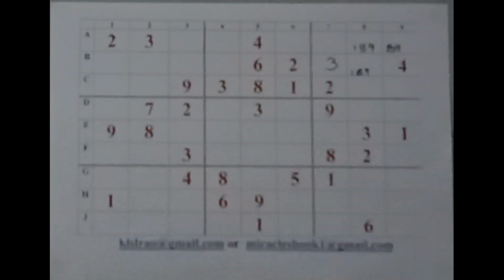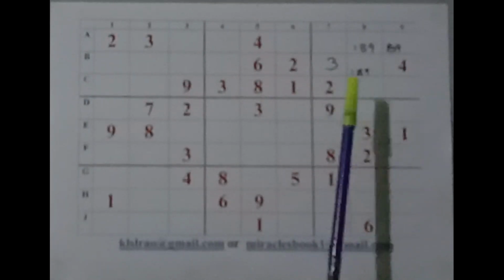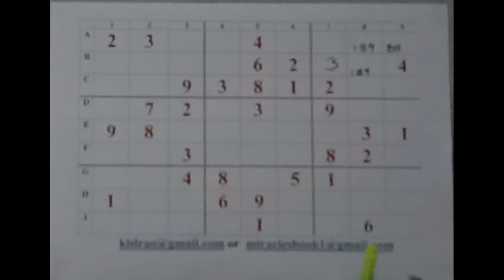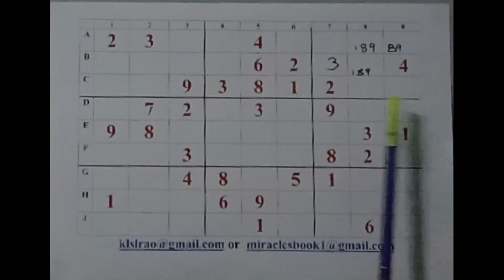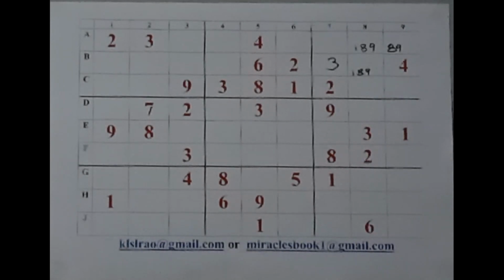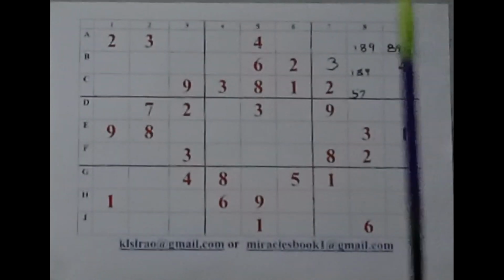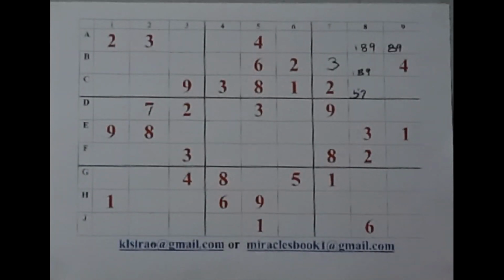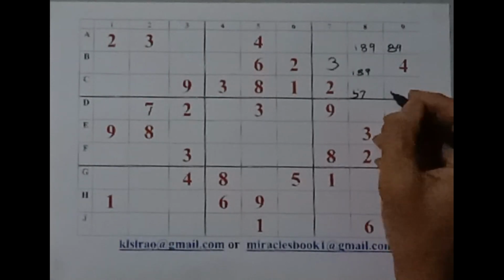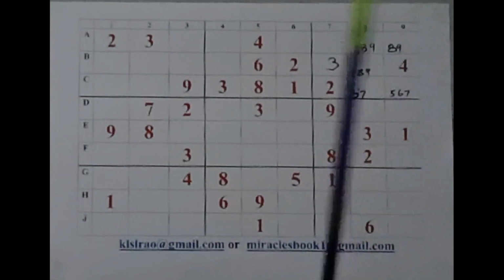Now what about these 3 remaining cells? We can allot them also. We require 5, 6 and 7. We have a 6 here, so 5 and 7 here. Here, no 5, no 6, no 7, so all 3 numbers here, 5, 6 and 7.